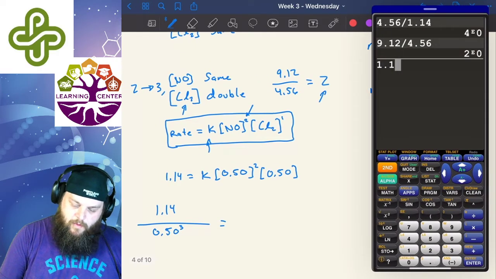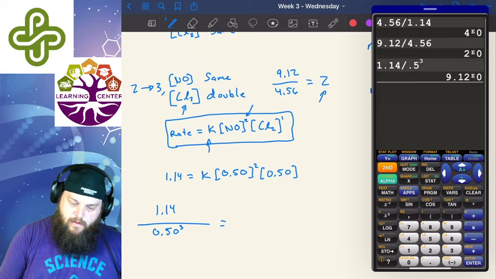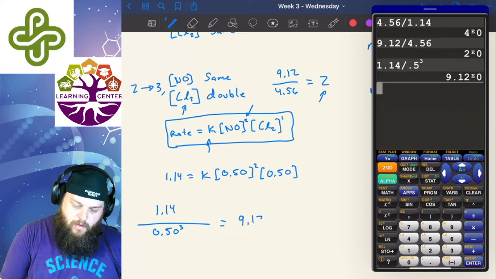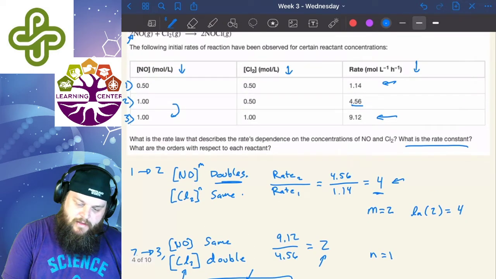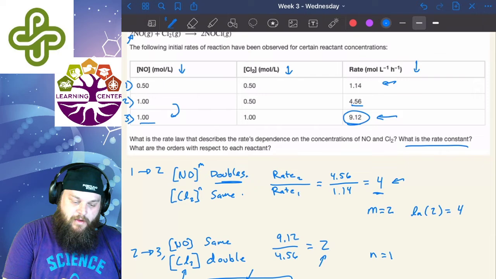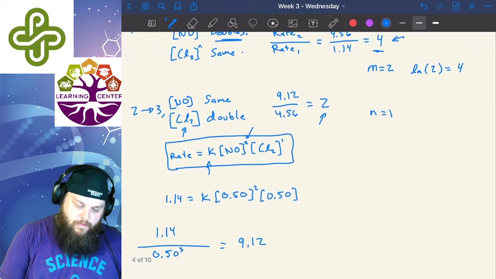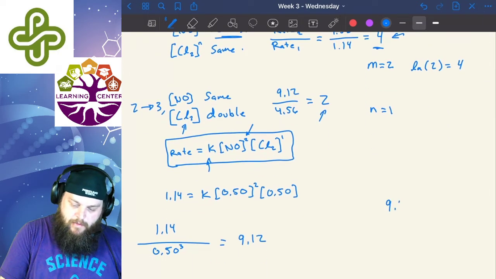So that's 1.14 divided by 0.5 to the power of 3. And I get 9.12. And that's right what I expected to get, because that's what this is here. Because if we were to plug in 1 and 1 here, that would really just be 9.12 divided by 1 to the third.